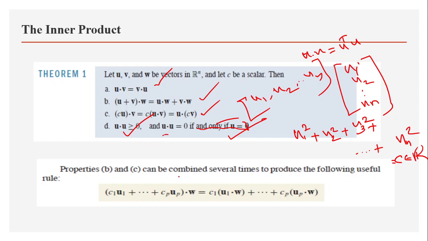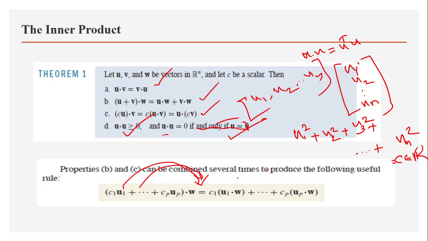Properties B and C can be combined several times to produce the following useful rule. That is, (c1 u1 + c2 u2 + ... + cp up) dot w is equal to c1 (u1 dot w) + c2 (u2 dot w) + ... + cp (up dot w).